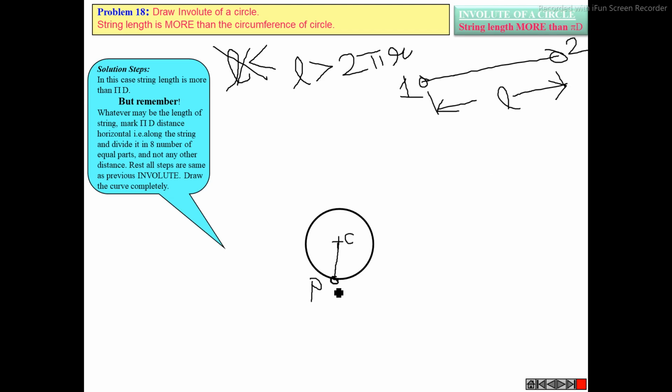Now from point P, what do I need to do? I need to draw an infinitely long horizontal tangent line, like this. Correct? And on this tangent line, the length of the wire will lie. Yes or no?